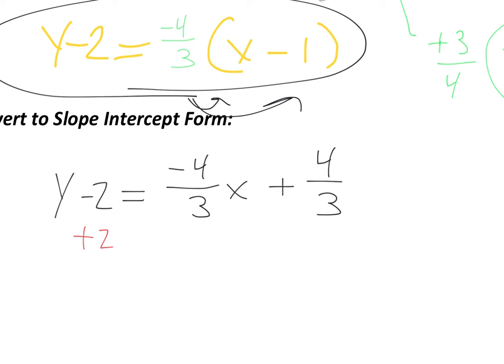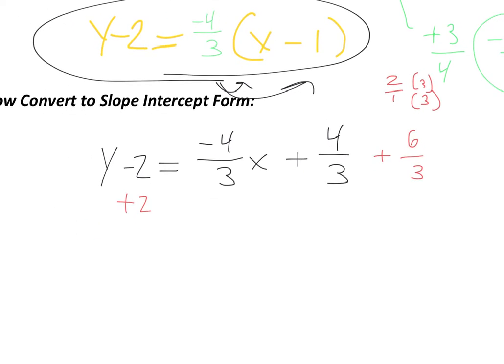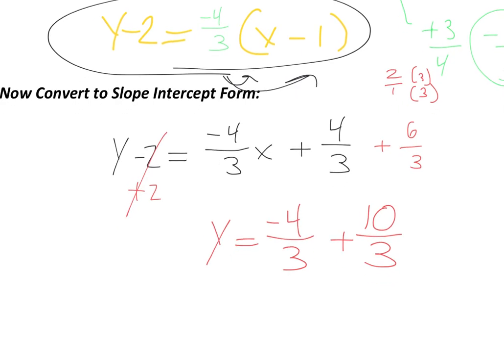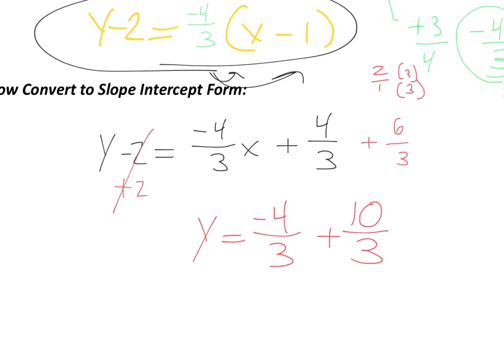But instead of calling it 2/1, I need to get common denominators of 3. So I'm going to multiply by 3/3 to get 6/3. So we have y is equal to negative 4/3 x plus 10/3.